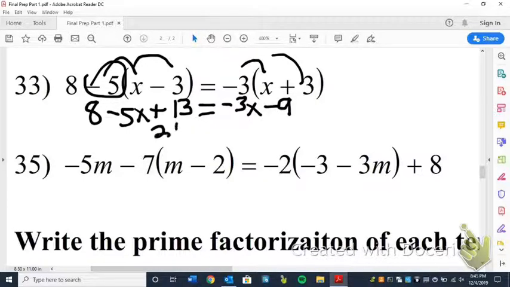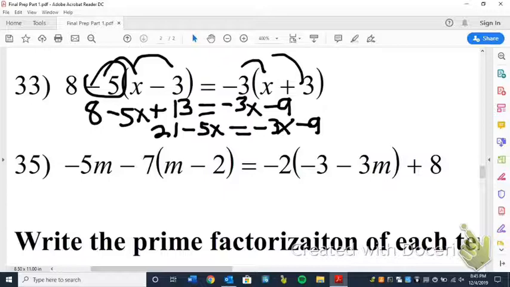So now we want to combine like terms. On the left-hand side, we have an 8 and a 13. We add those together to get 21. 21 minus 5x equals -3x minus 9. So now we're at a point where we have to figure out how to get our variables together. In all fairness, you can go either way here, but I like to keep my variables positive.